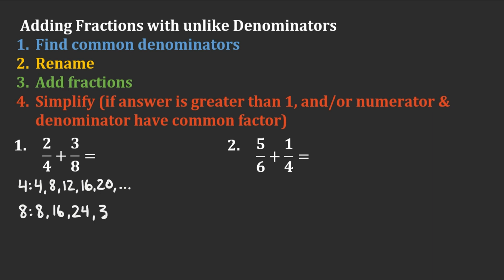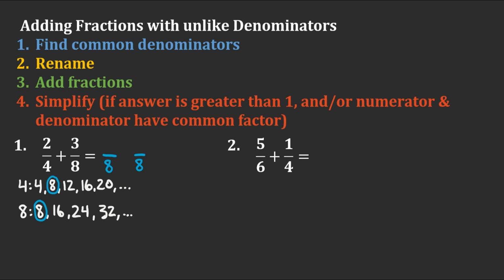Again, 3, 4, 5 of them, just to give us enough to get a picture of possible multiples that are in common with each other. So we are looking for the smallest number that lands on both of those lists, and that would be 8. Okay, so our first step is done. We have found the common denominators, and they need to be 8 in each of our fractions. Okay, so 8 and 8.